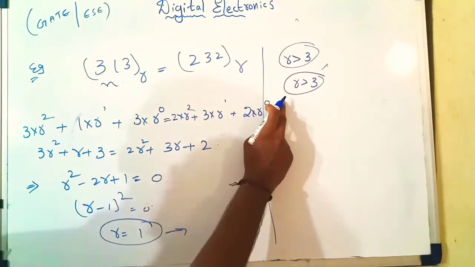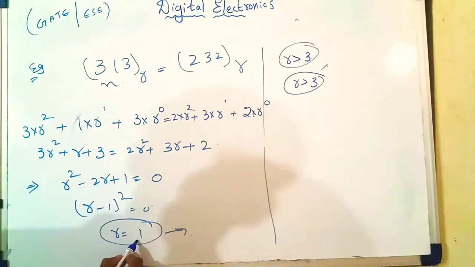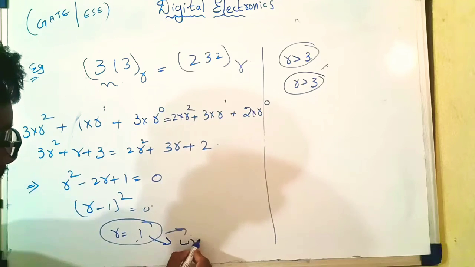Now check whether this satisfies the condition that R is greater than 3. Here 1 is not greater than 3, so this is wrong.